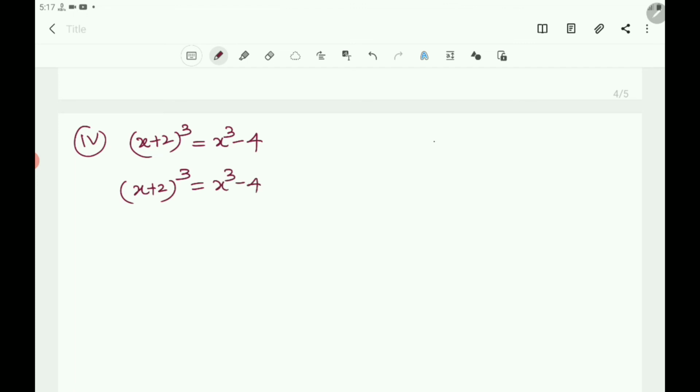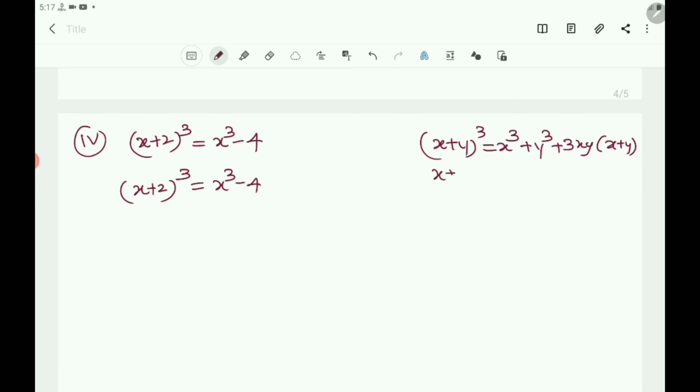Then you know the expansion of x plus y the whole cube. x plus 2 the whole cube is in the form of x plus y the whole cube. What is the expansion of x plus y the whole cube? That is x cube plus y cube plus 3xy into x plus y.